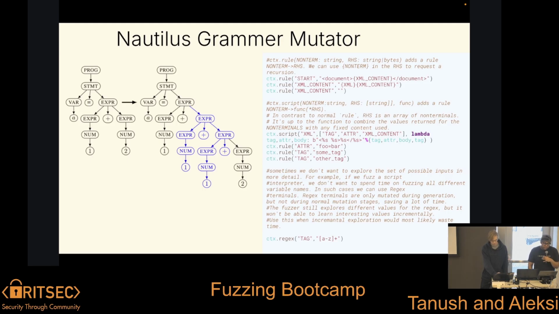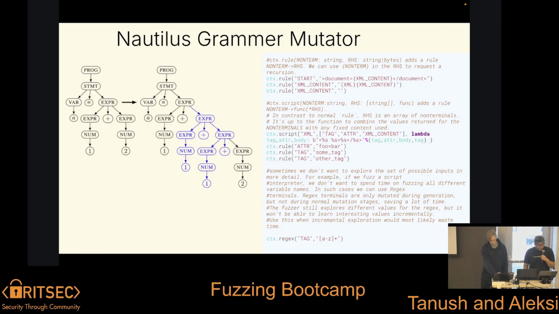So something that's really useful for finding bugs is grammar fuzzing. As you can see in the image here, we're making a custom grammar for XML. We define our start, which is our document, and then XML and then document. Then we define what XML content can be, which is XML and then maybe more XML content.